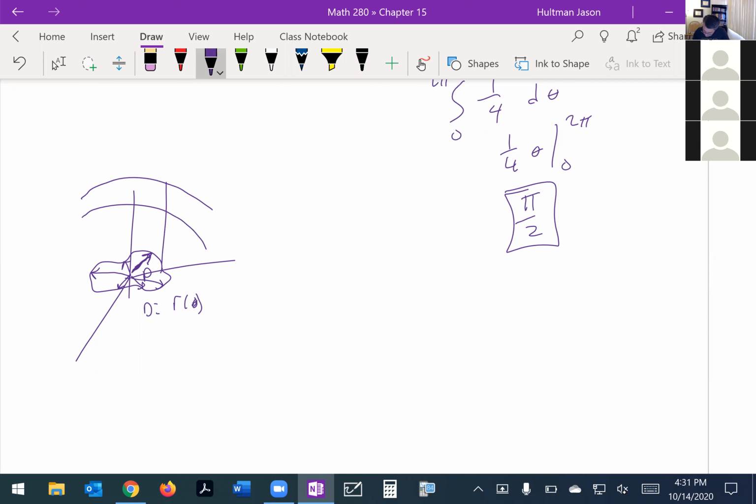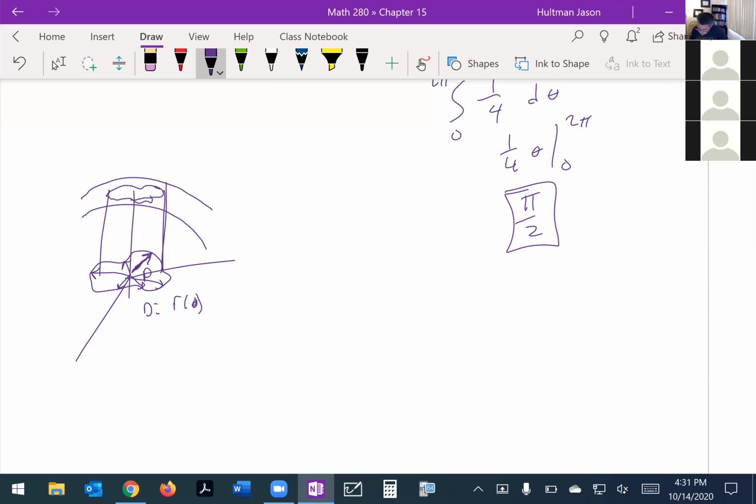And then what's the volume under this little mapping here? What's the volume of that cylinder under that surface? Cool stuff.